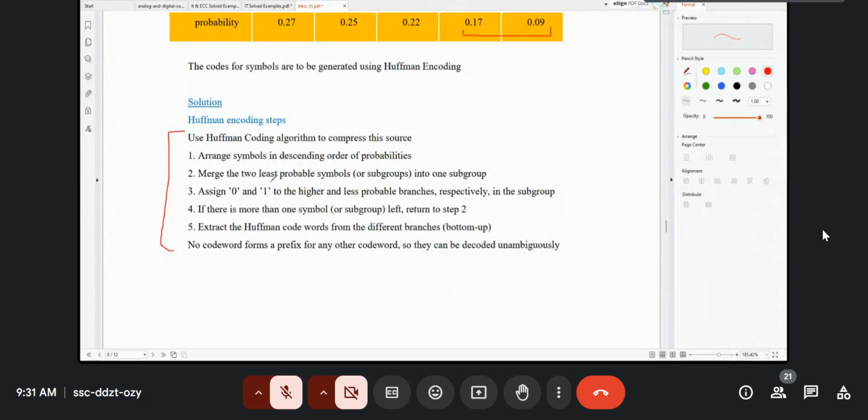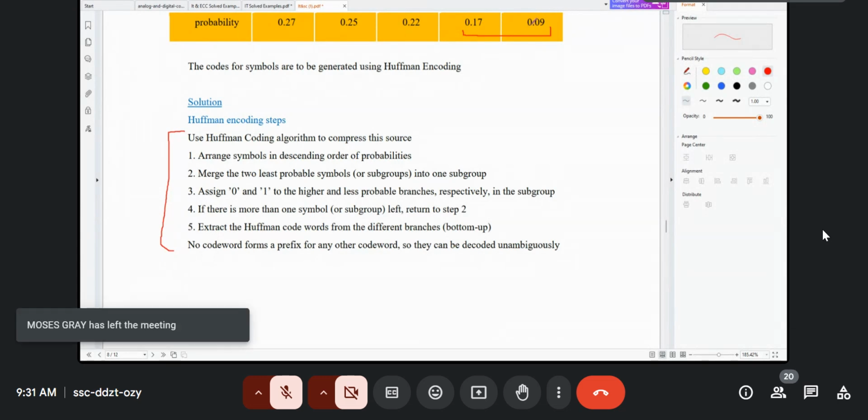And then you are told to assign 0 and 1 to the higher and less probable branches. So of course, since they're in descending order, it means you assign 0 to this one and 1 to the less probable. Higher probable gets 0 and less probable gets 1. So this is how your tree looks like.